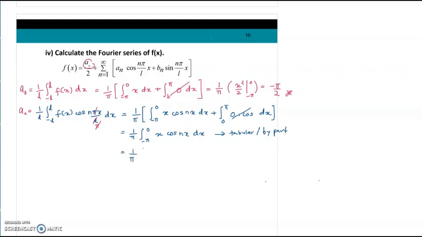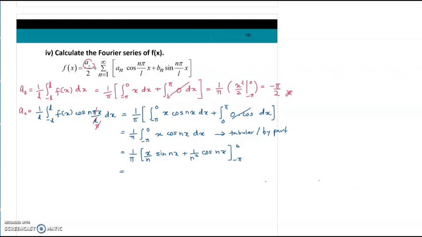The solution by using by parts of tabular is given by x over n sine nx, plus 1 over n squared cos nx. We evaluate this from negative pi to 0.